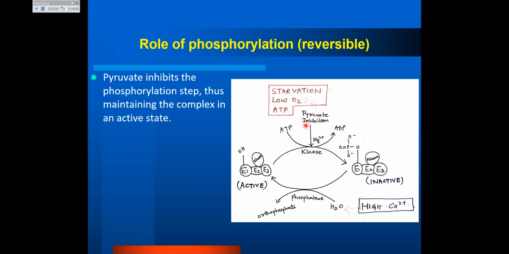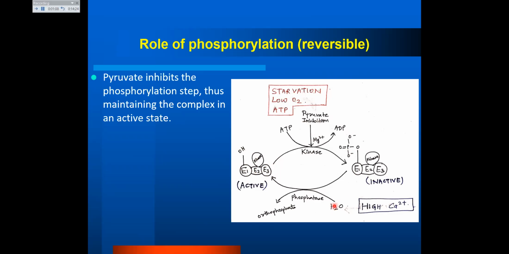So normally when you have high pyruvate levels, it inhibits this step of phosphorylation and the enzyme is active and can catalyze the conversion of pyruvate to acetyl coenzyme A.